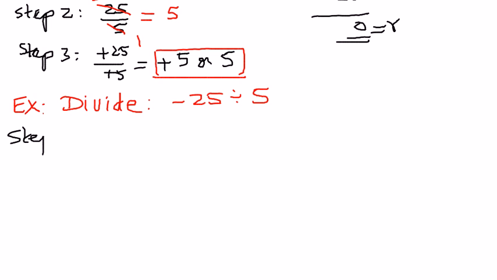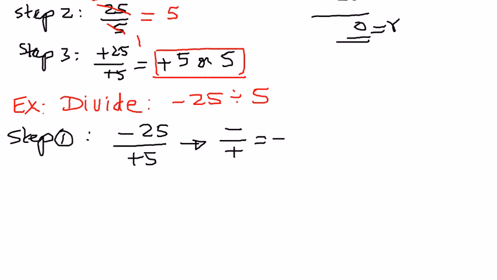Step number 1, we have negative 25 divided by a positive 5. When we have a number without any sign, the positive sign is implied. If we recall our sign rule, a negative number divided by a positive number will be a negative value. And then step number 2, we're going to simplify 25 divided by 5.